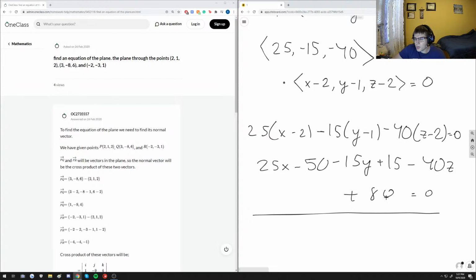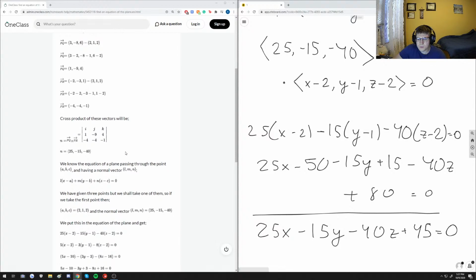Minus 35 and 80 gives us 45, so we're going to get 25x minus 15y minus 40z plus 45 is equal to 0.